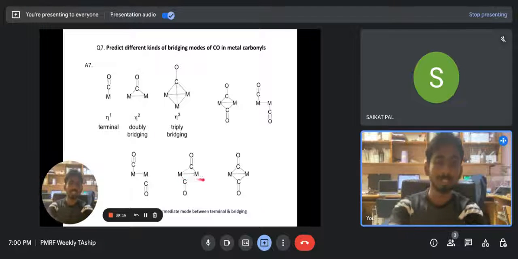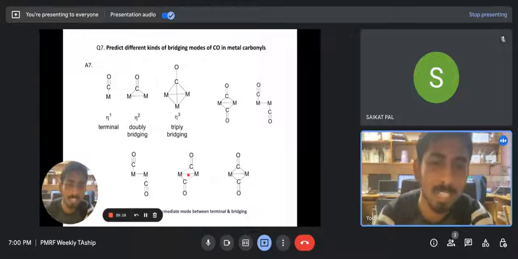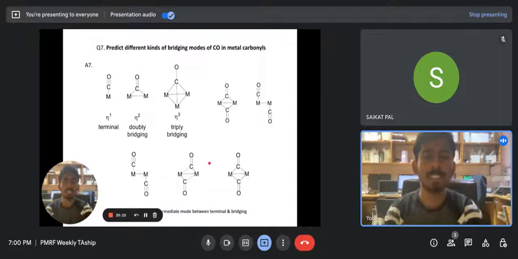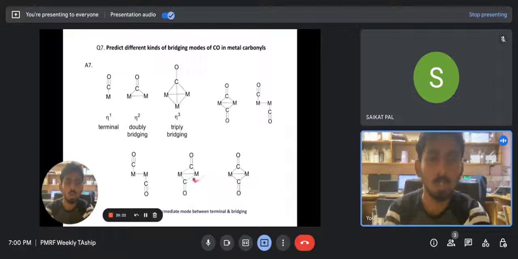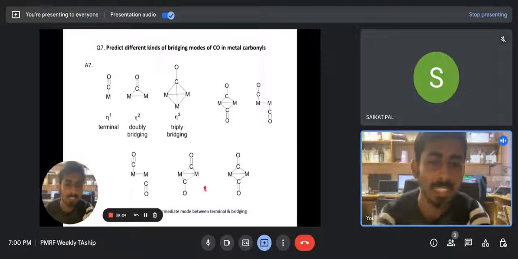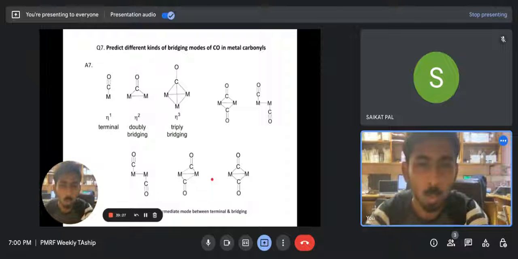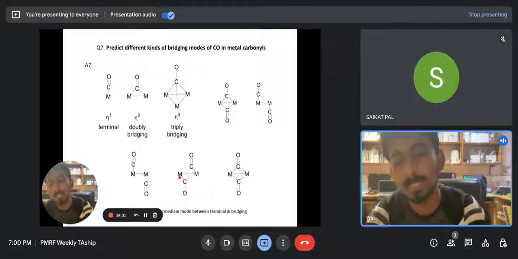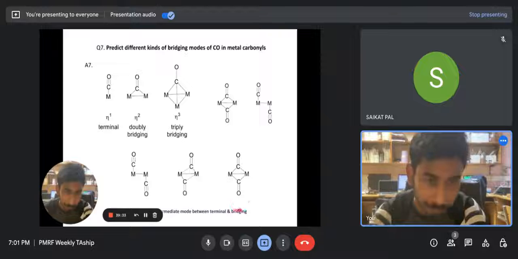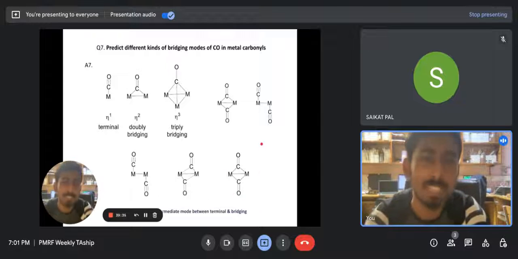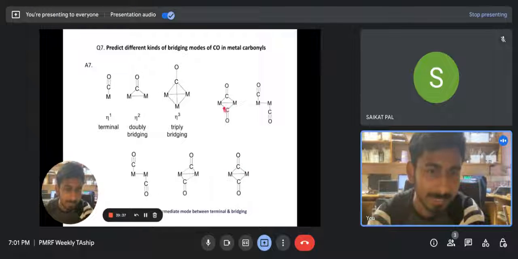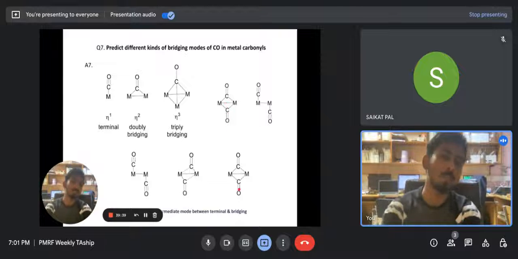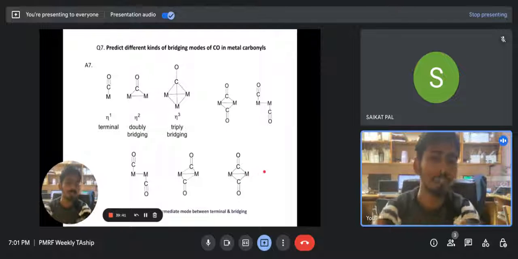So in this case, the metal atoms are bonded towards each other, but the two COs that are bridging between two metal centers are not equivalent in nature. So in this case, there is an intermediate mode of binding where this CO is concentrated towards this metal, but this CO is concentrated towards this metal. There is also a specific example, the same as this one, where a metal-metal bond is present.